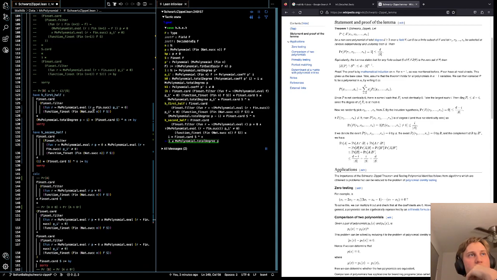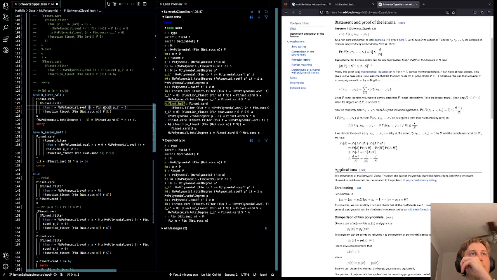I have the set of r values which lead to fin n.